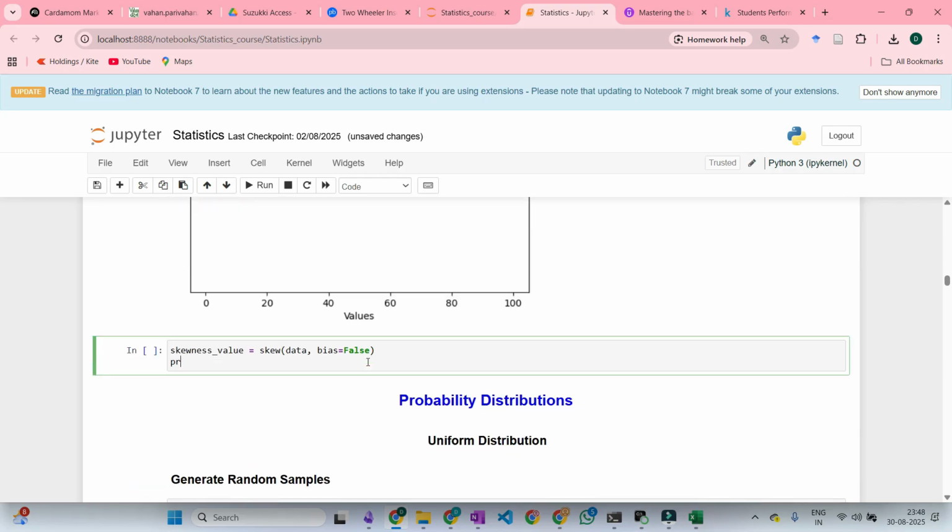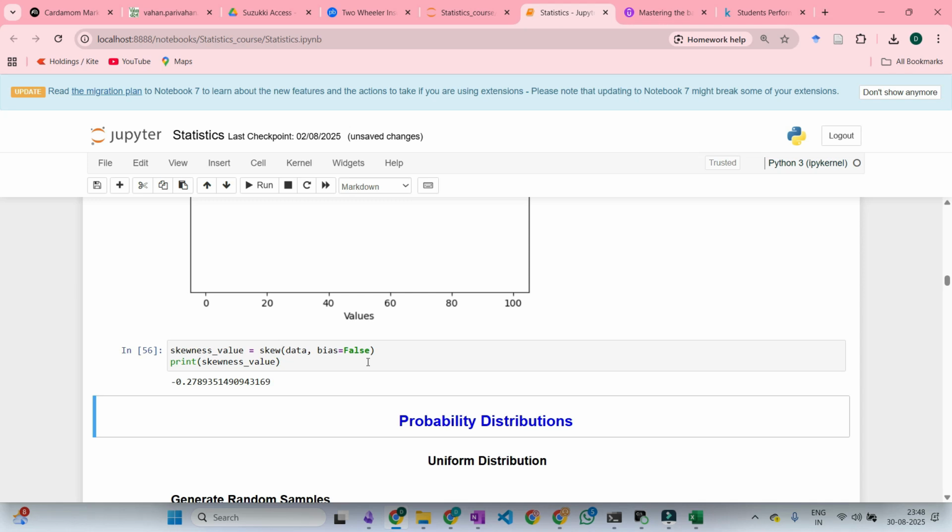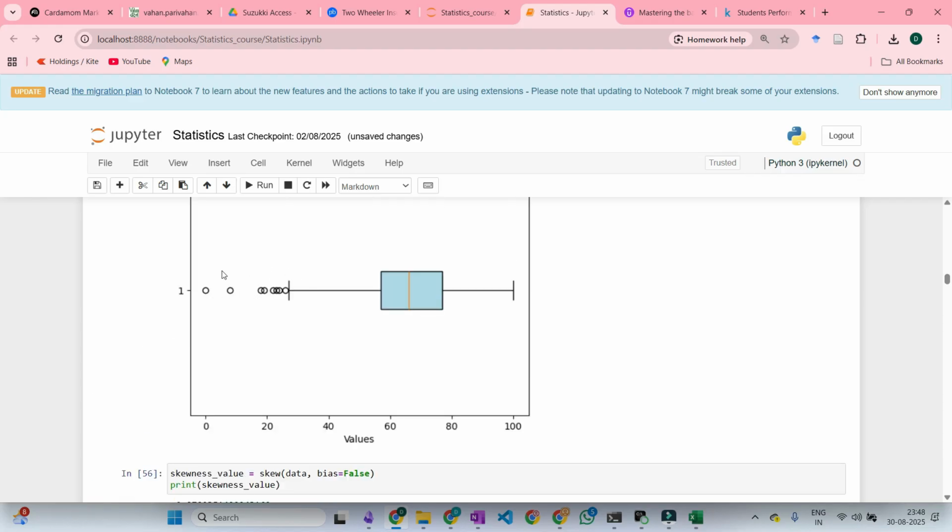Okay, let us print the skewness value. You can see it is minus 0.27. That indicates it is left skewed. Okay, slightly left skewed. You can see there are several outliers here. That means it is slightly left skewed.